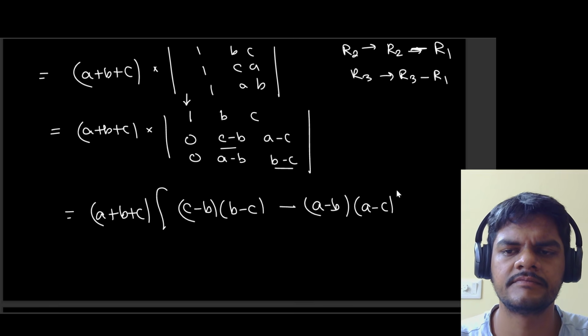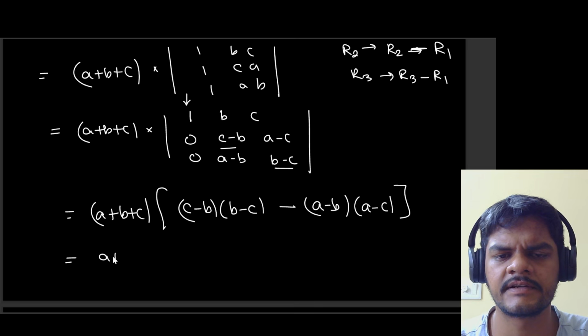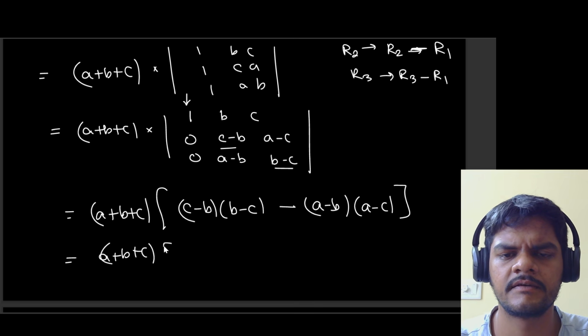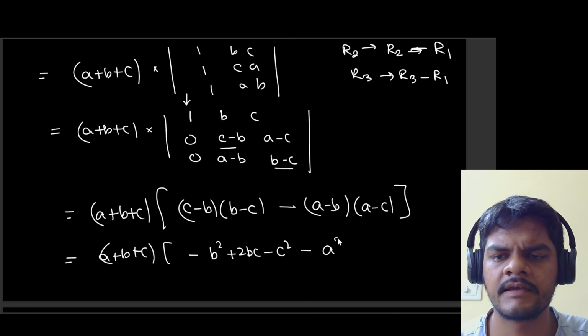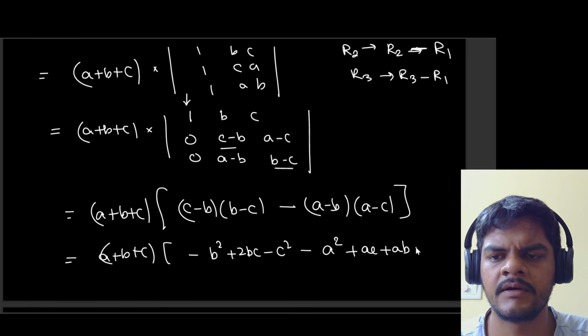So this will be equal to minus (b minus c) whole square, that is, a plus b plus c times minus b square plus 2bc minus c square minus a square plus ac plus ab minus bc.